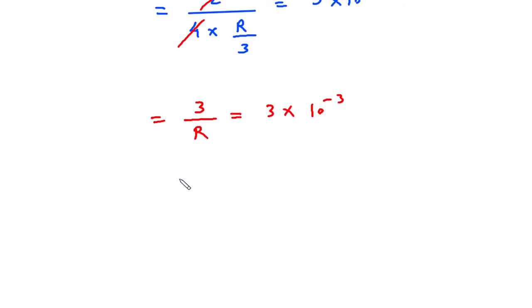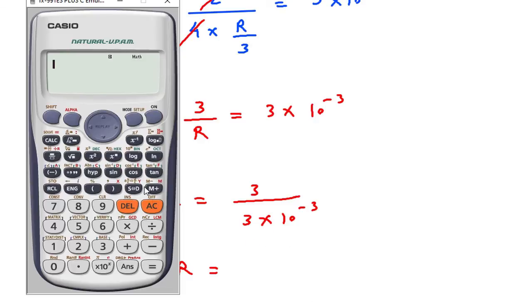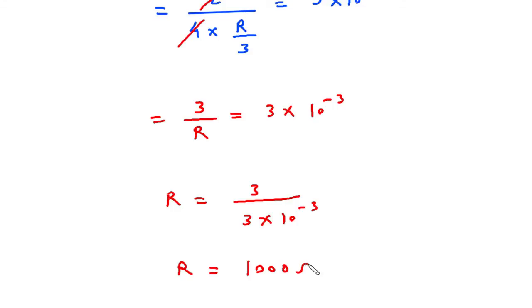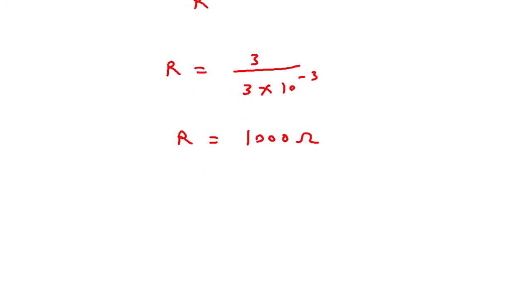So from this R is equal to 3 divided by 3 into 10 raised to the power minus 3. Therefore R is equal to 1 by 10 raised to the power minus 3. So this will be 1000 ohm, or R is equal to 1 kilo ohm.